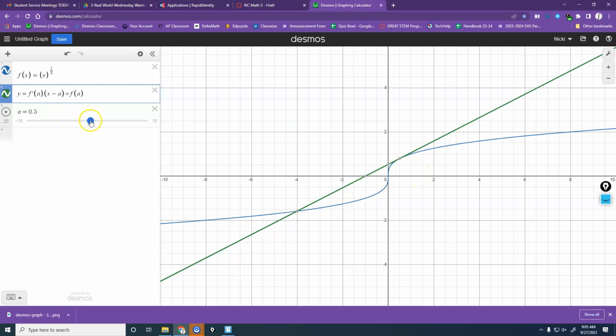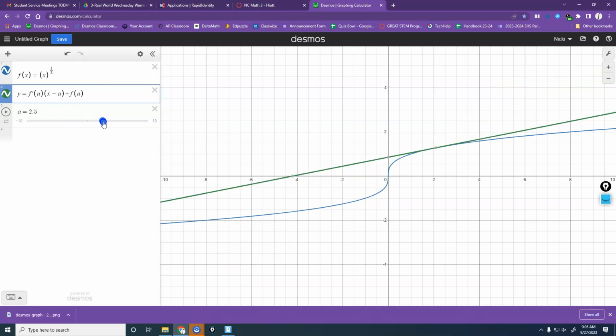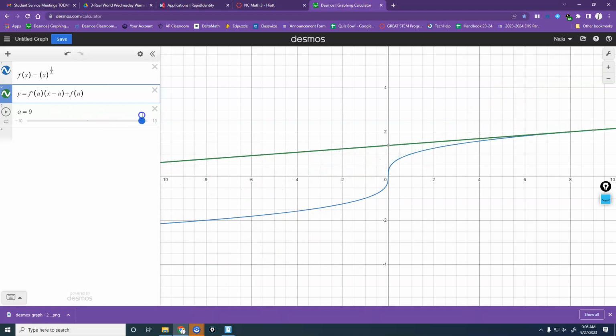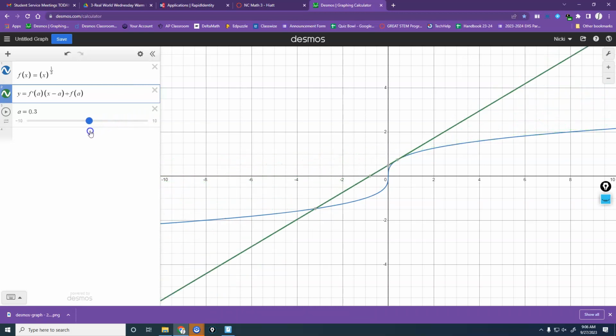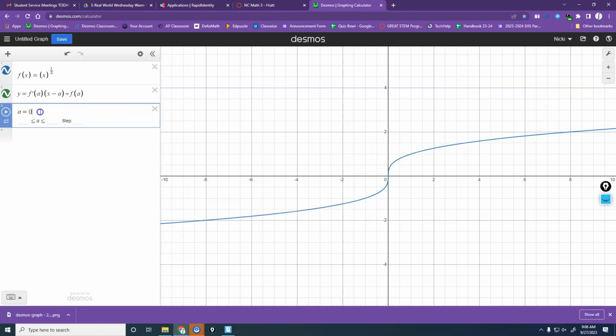So if we're over here, you can see this tangent line right here is getting steeper and steeper and steeper, and I can't quite get there because if I go to 0, it goes away. But if I do 0.01 and then 0.001, you can see how that almost becomes vertical.